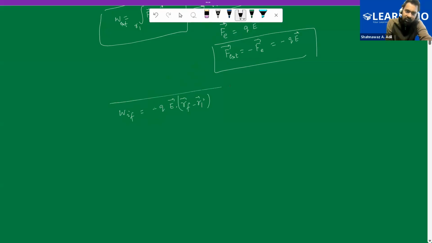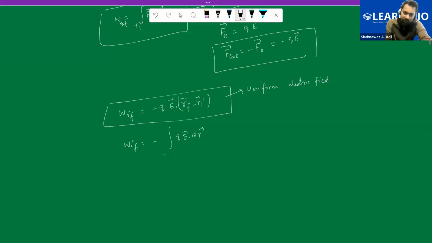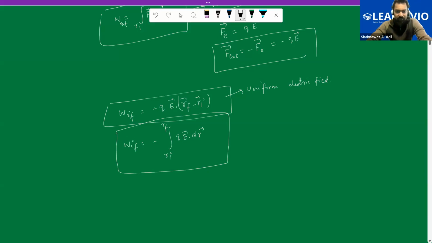This is for uniform electric field. And for non-uniform, variable electric field, work done would be minus the integral of QE dot dr from r initial to r final. So that is the work done in terms of electric field.